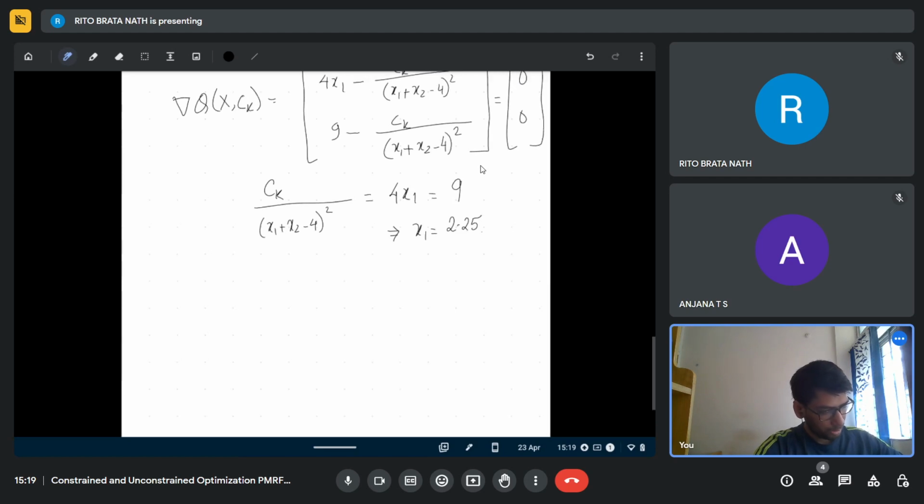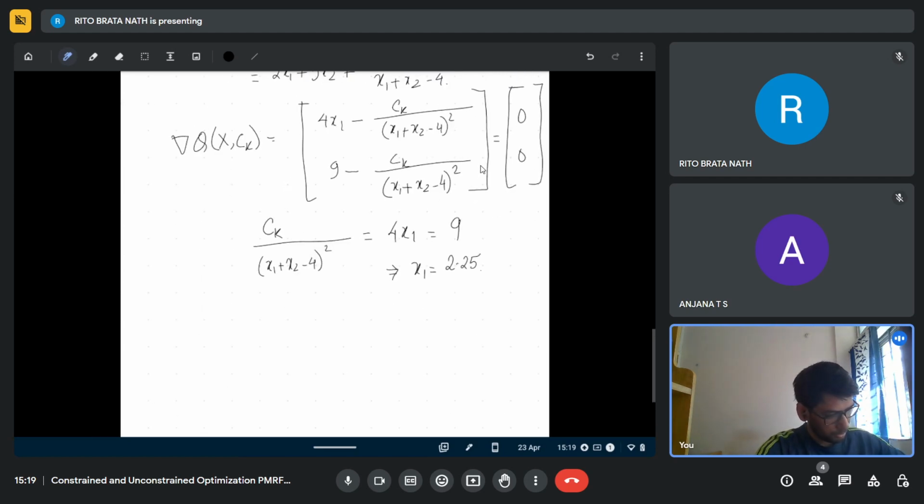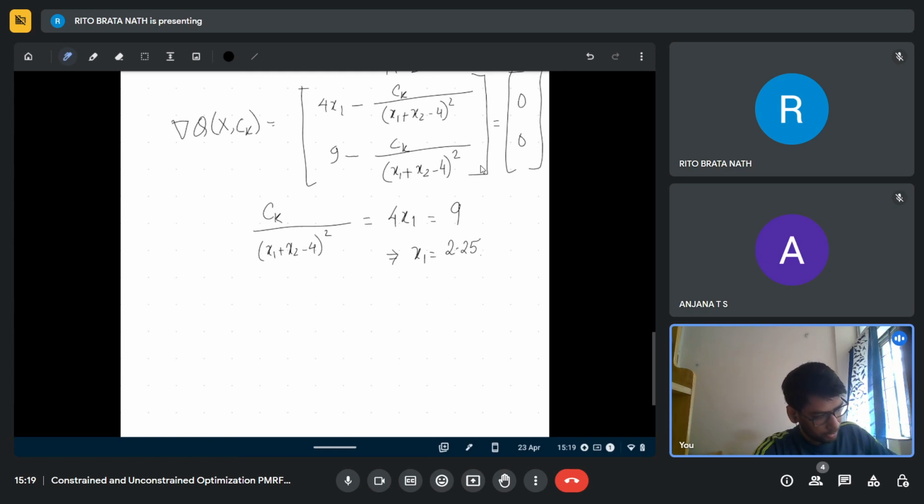And for x2, you have to get the value from here. So let's use the second equation. It gives you ck by 2.25 plus x2 minus 4 whole square equals 9.